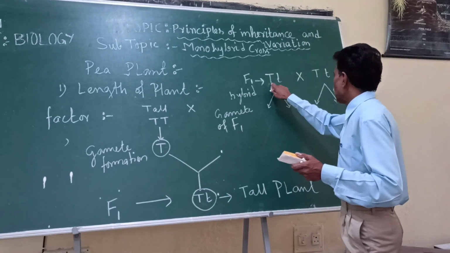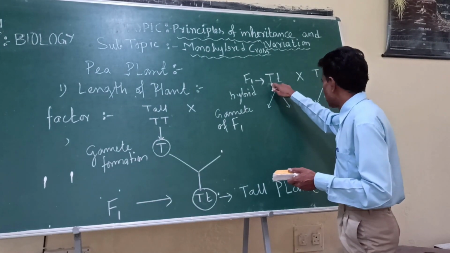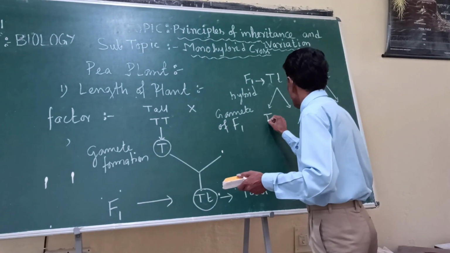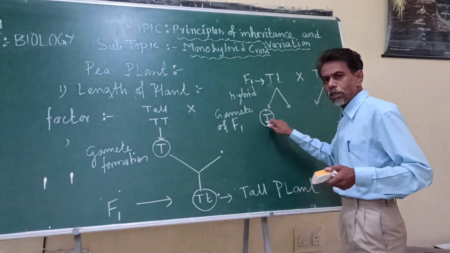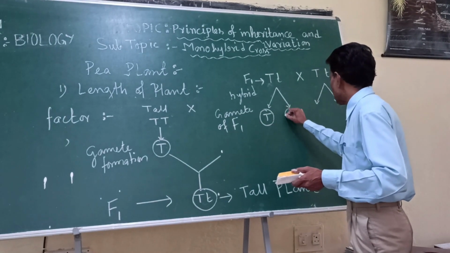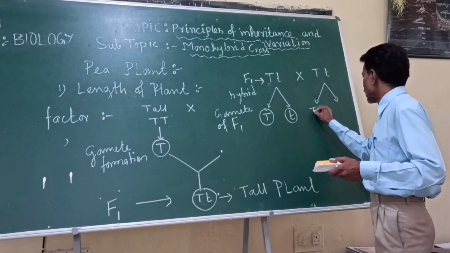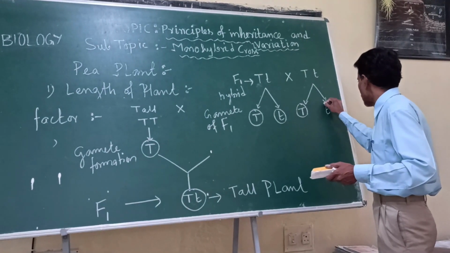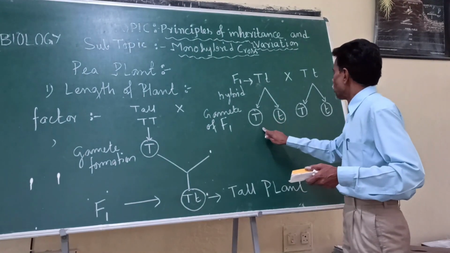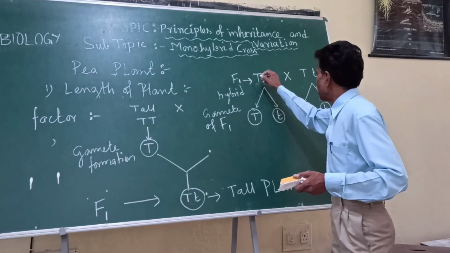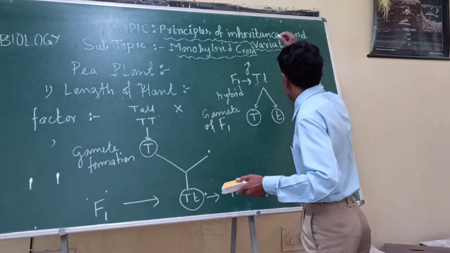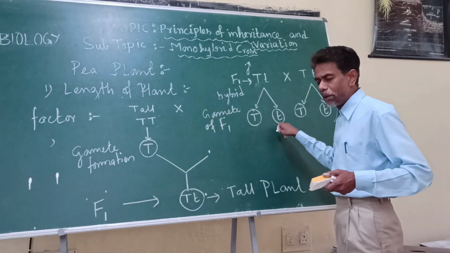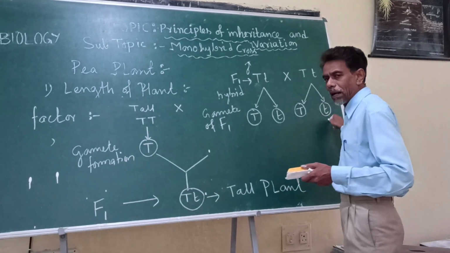As one of the Mendelian factors here is capital T and another is small t, they will separate from each other. One capital T will reach one gamete, small t to another gamete. Same as the case here, capital T to one gamete, because they are heterozygous, small t to another gamete. So if it is a male flower, it is producing two types of male gamete. The female flower produces two types of female gamete.